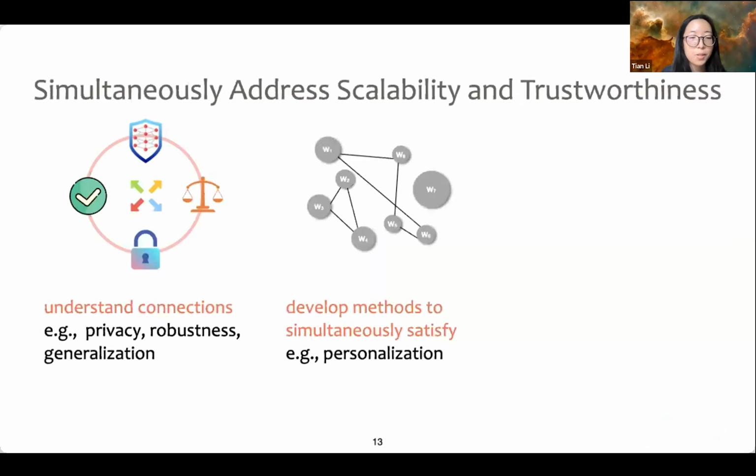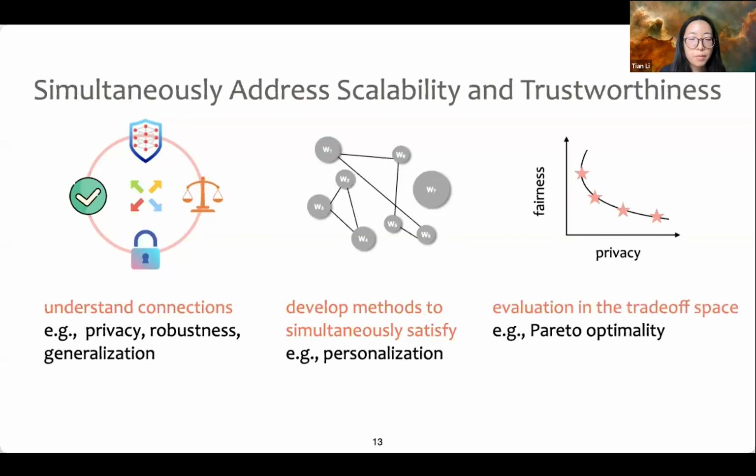One question is to develop methods to simultaneously satisfy those joint constraints. I think one promising direction is to use personalization. And the question there is to understand how personalization can help in terms of what specific metrics, and can we formalize that, and can we rigorously understand that?